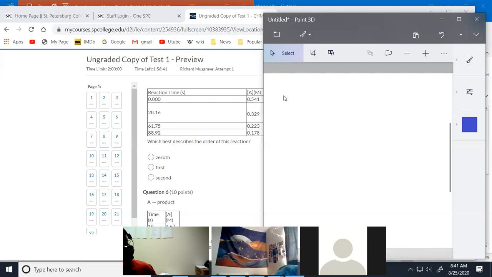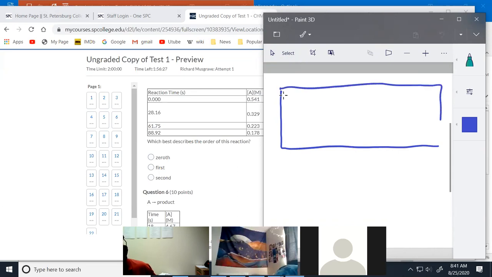We've got our reaction time, and that's in seconds. So we've got 0.00, 28.16, 61.75, and 88.92.